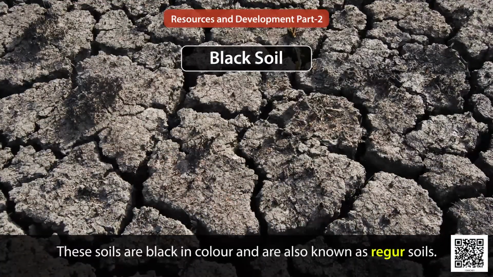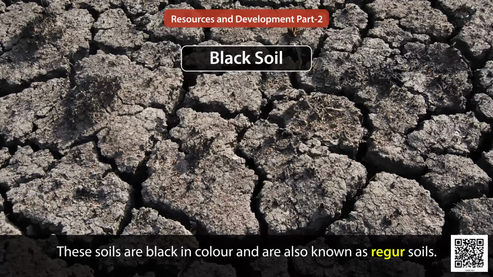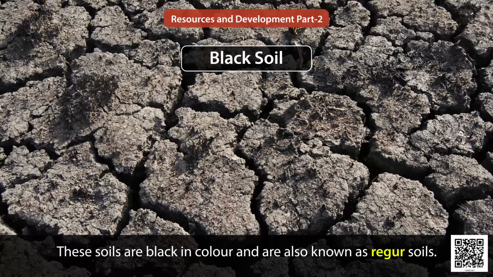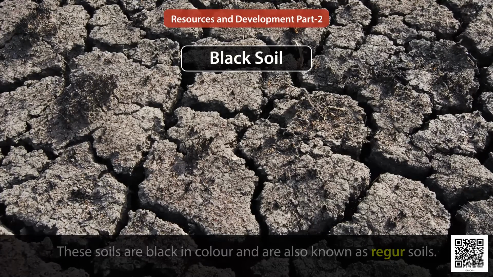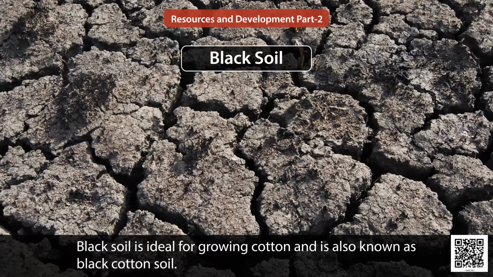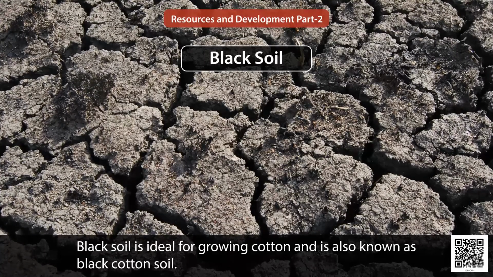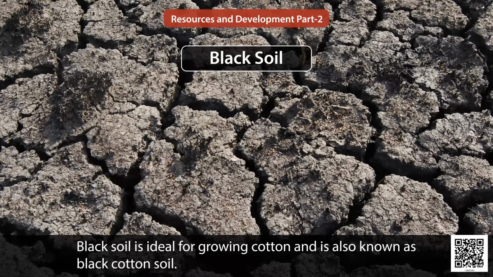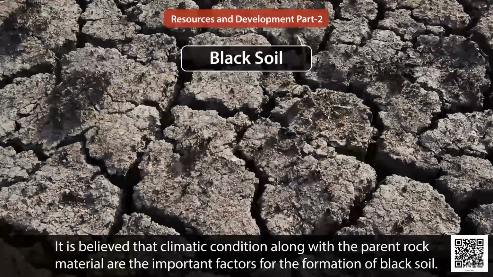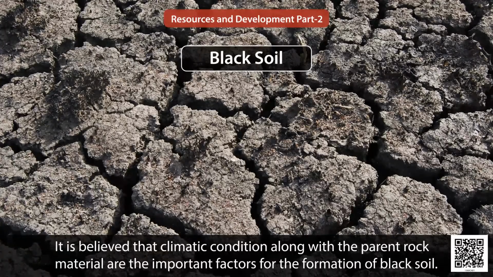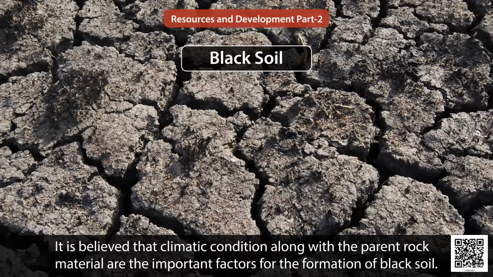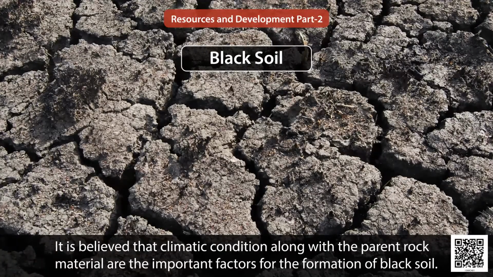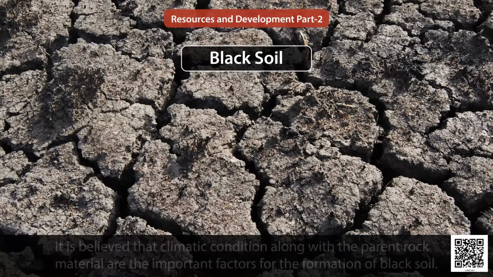Black soil. These soils are black in color and are also known as regur soils. Black soil is ideal for growing cotton and is also known as black cotton soil. It is believed that climatic conditions along with the parent rock material are important factors for the formation of black soil.